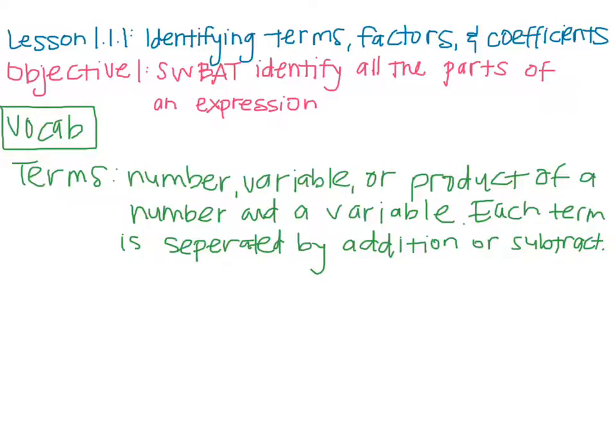Let's say I have the expression 8x squared minus 3x plus 14. In this expression, there are 3 different terms. The first term is 8x squared. That's a number and a variable that are multiplied together. Our second term is negative 3x.